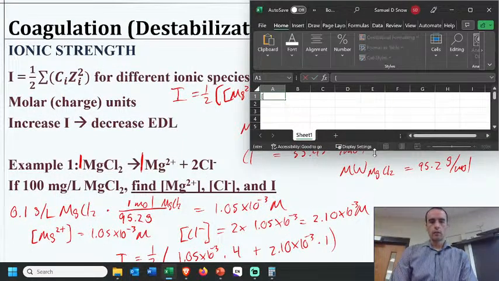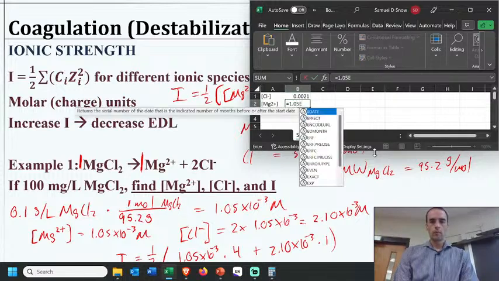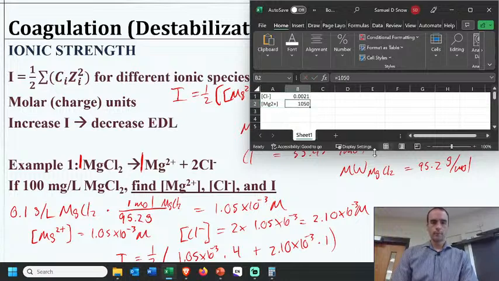So we're going to say Cl minus was 2.1, Mg2 plus was that.